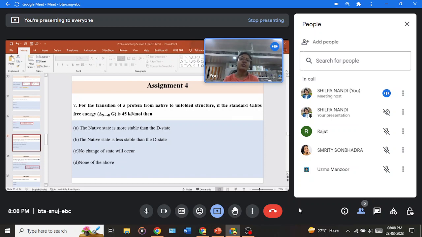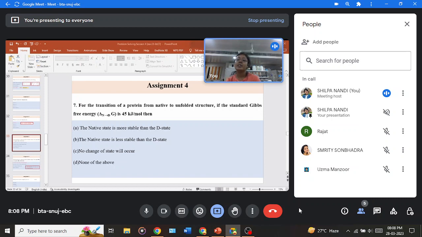While going through the recap, we tried to describe this standard Gibbs free energy. This is given in lecture number 10.